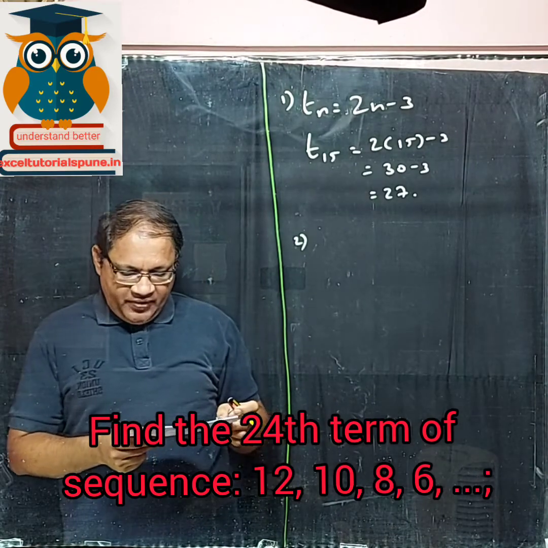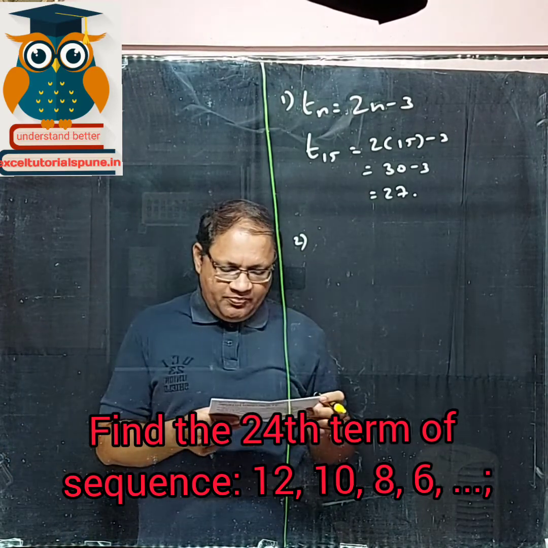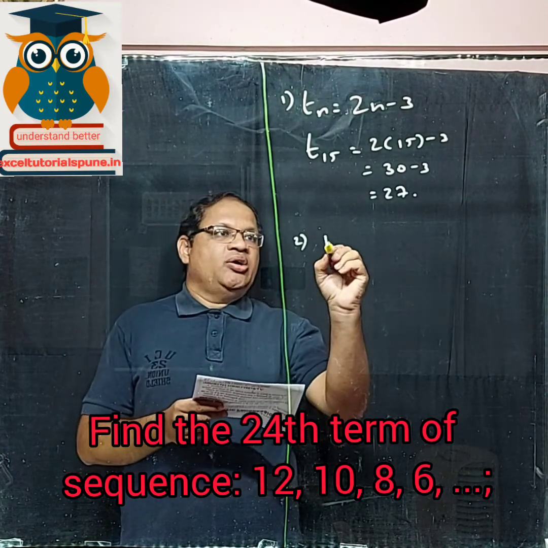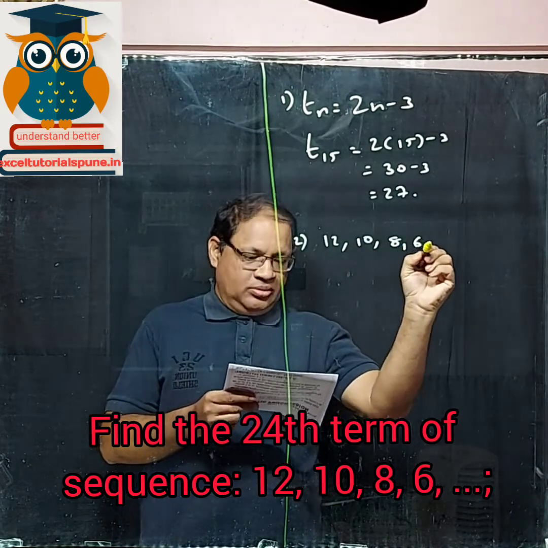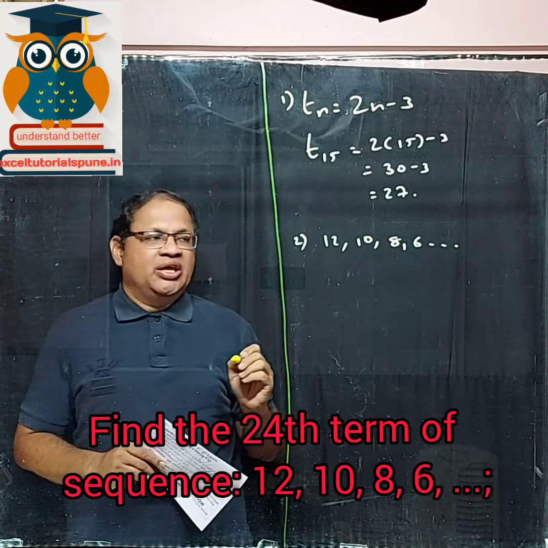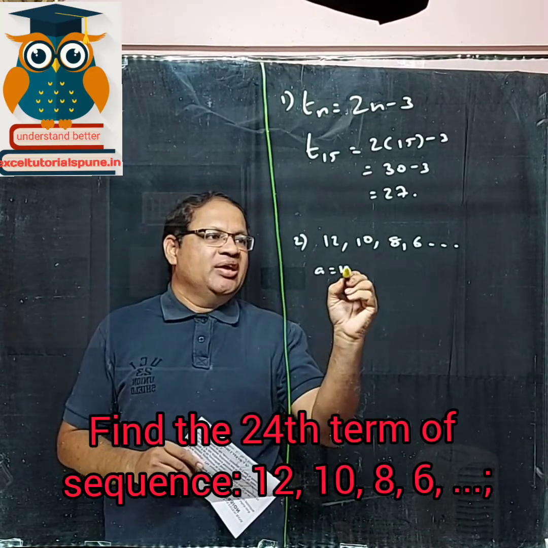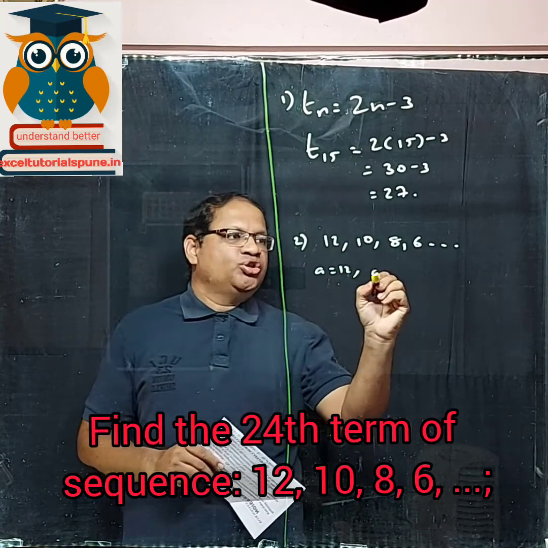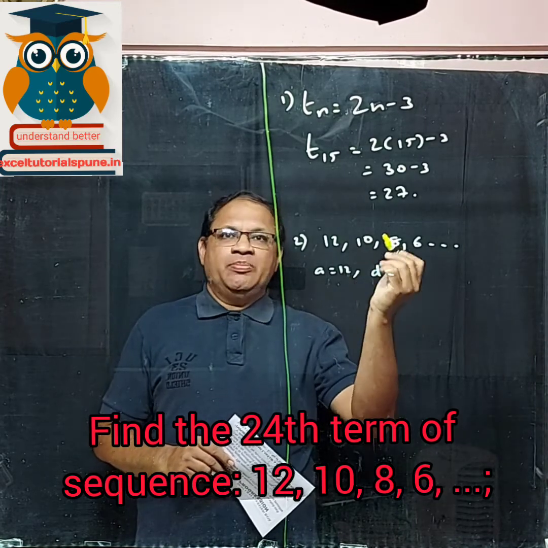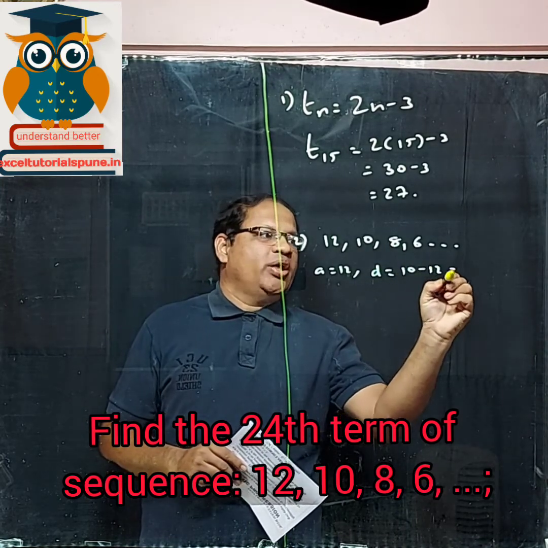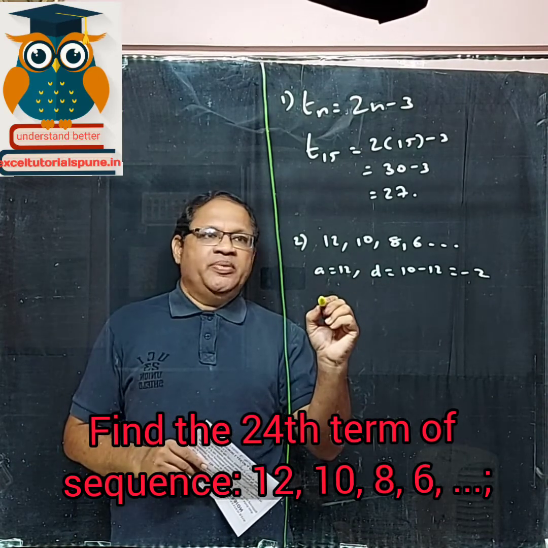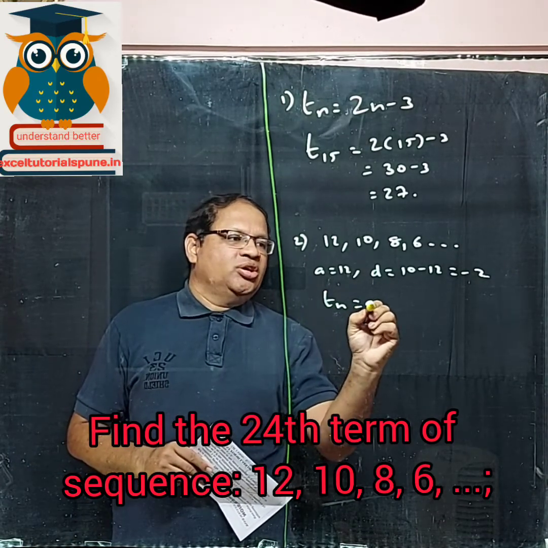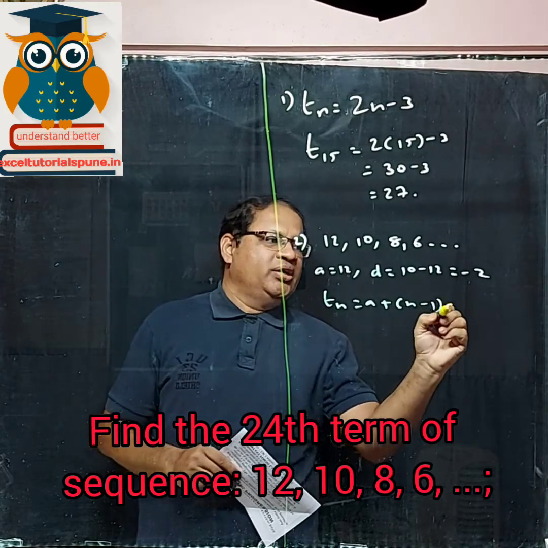Second sum. Find the 24th term of the sequence. So now they have given the AP. By seeing the AP we can come to know what is A. A is 12. And you can also know what is D: second number minus first number, 10 minus 12, that is minus 2. Now the formula Tn is equal to A plus (n minus 1)D.